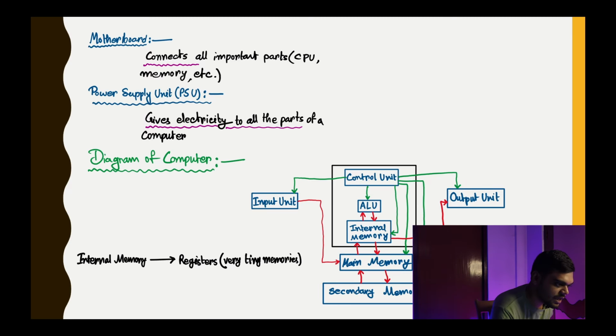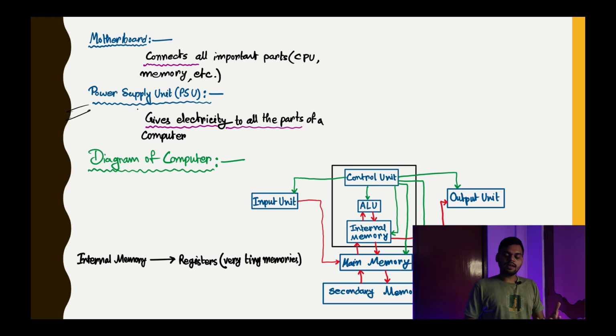Okay. Now we have the power supply unit. The PSU is giving electricity to all the components. Imagine the PSU as an electricity receiver. The electricity is flowing into the PSU and it distributes the electricity through the motherboard to all the components.